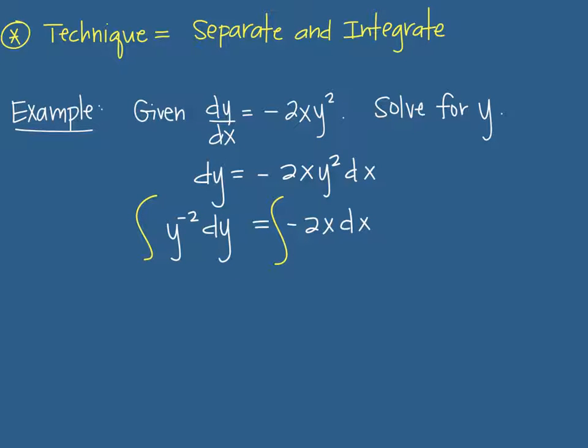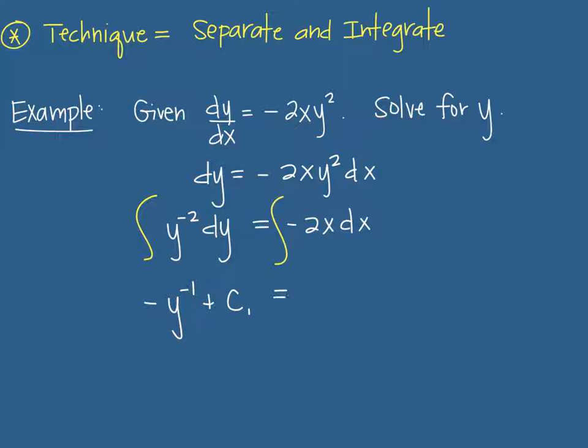Y to the negative 2 follows the rules of becoming y to the negative 1, and then there's a negative for the chain rule, plus a constant. I'm going to call that C sub 1 right now.